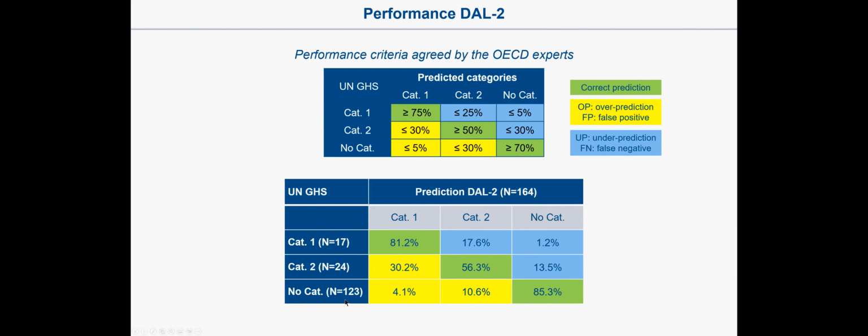And then the no-category set of chemicals was 123. You can see that more than 80% of the Cat 1s were correctly predicted, 56% of the Cat 2s were correctly predicted, and 85% of the no-categories were correctly predicted, resulting in a balanced accuracy of 74%.